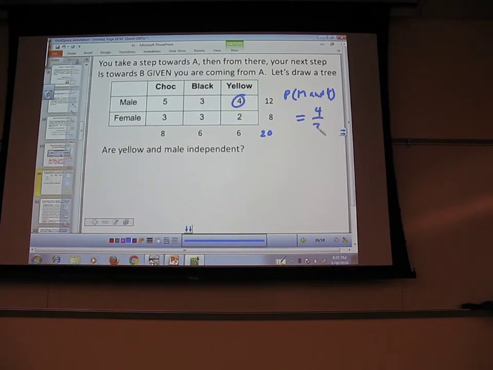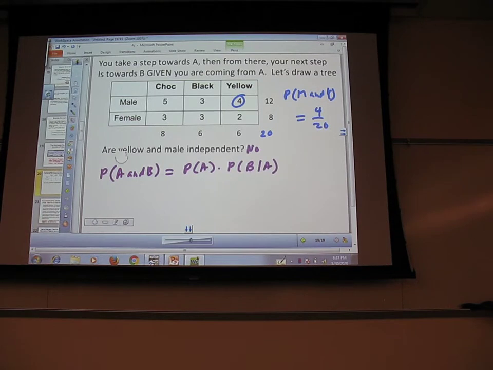Great. And these are not independent, so we're going to use the probability of A and B is equal to the probability of A times the probability of B given A has happened. All right, so what's the probability of A?